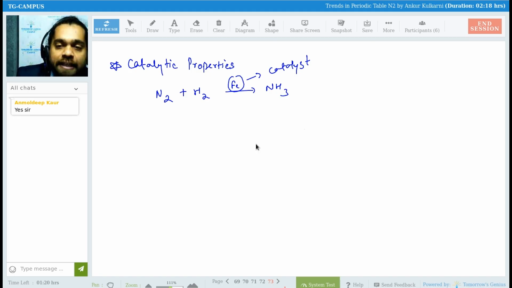Similarly, in some reactions, even Fe3+ is used as a catalyst. For example, look over here, if I react S2O8 2-.